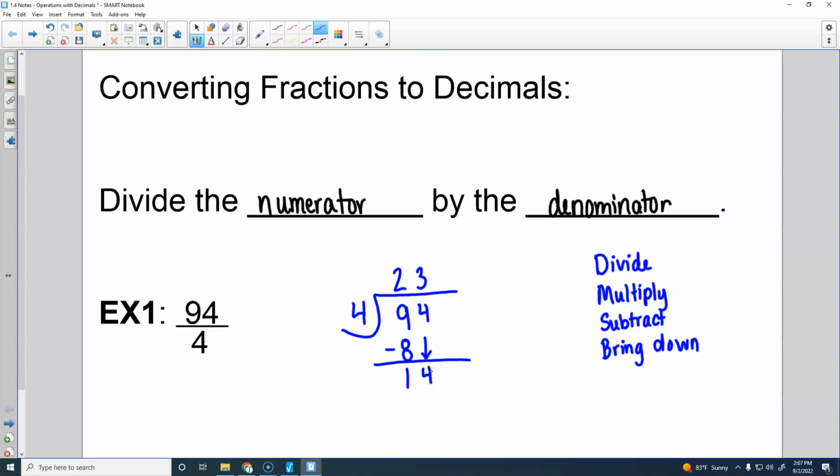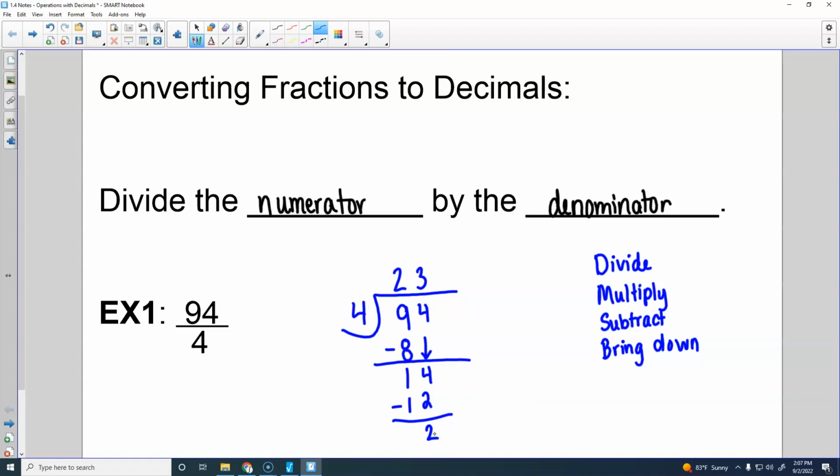All right, how many times does 4 go into 14? Still 3, right? So I've divided. I need to multiply. 3 times 4 is 12. Subtract. I will get 2. And then I've got a remainder here.